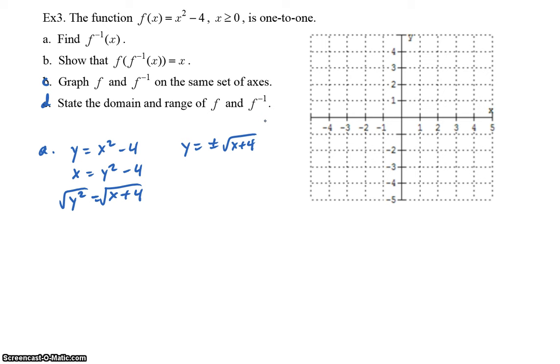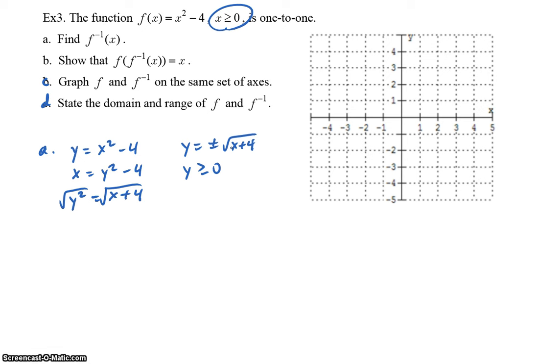Now, we have to choose whether we want the plus or the minus sign in front of the square root. For that, we use the fact that the roles of x and y get interchanged, which means that if in the original function x is greater than or equal to 0, then in the inverse function y should be greater than or equal to 0.